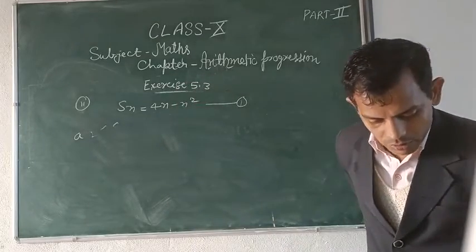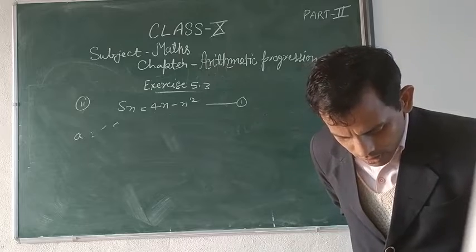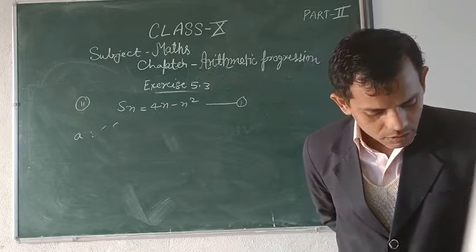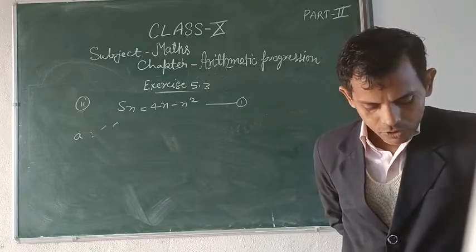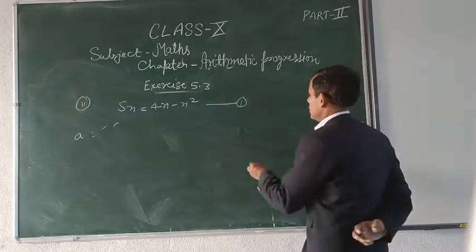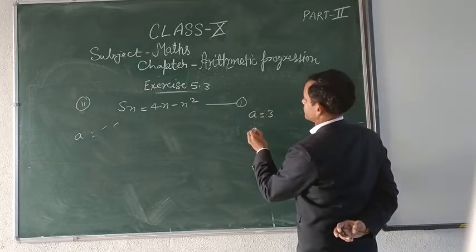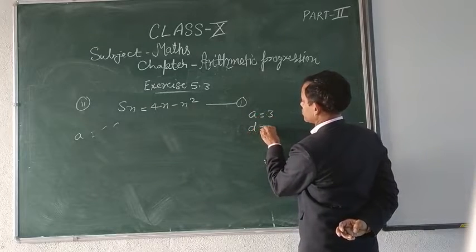And we also have to find the second term. Similarly, find the third term. Okay, here a is given as 3 and d equal to minus 2.